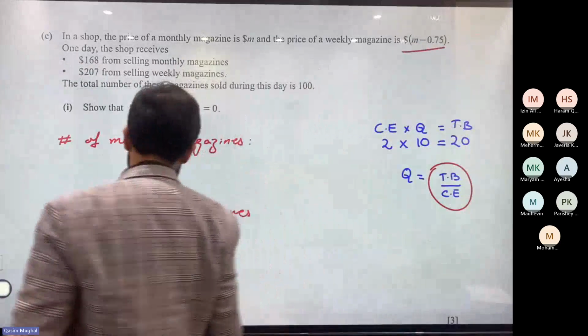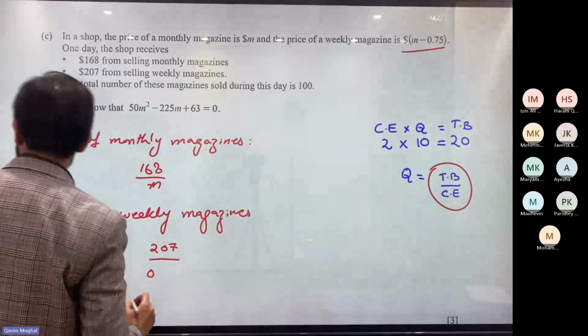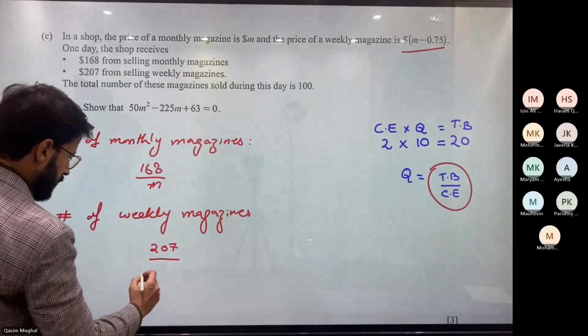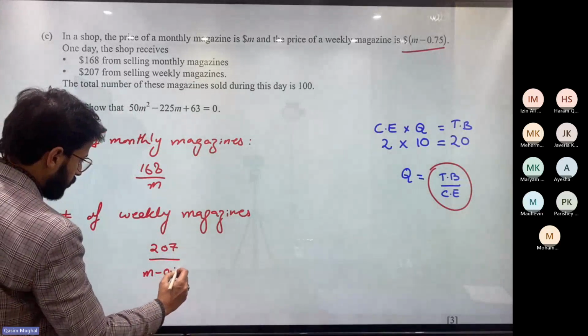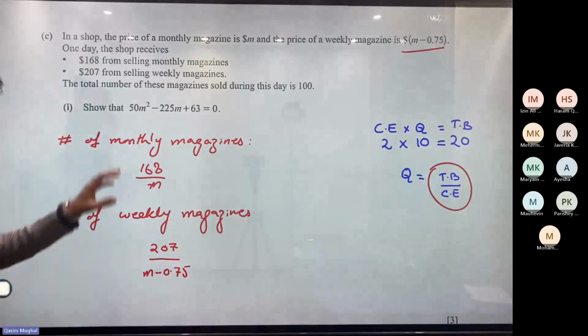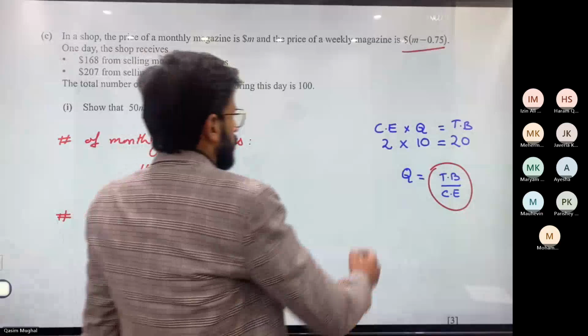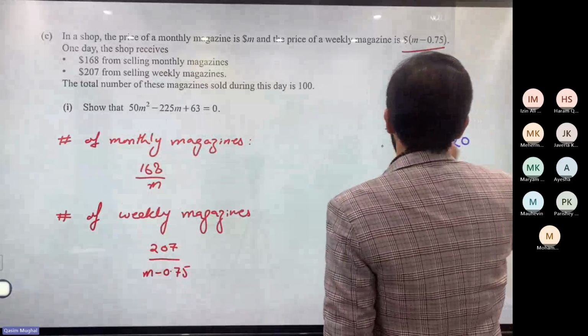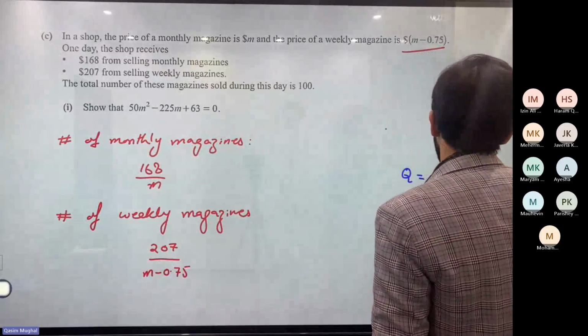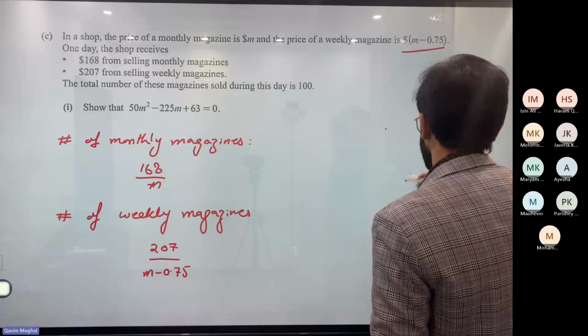M minus 0.75. Upon adding them together, the total magazines sold on that one day was 100.